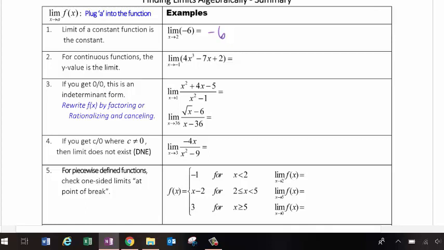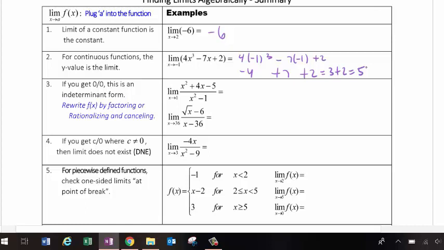If I have a continuous graph, which on the right-hand side, 4x cubed minus 7x plus 2 is a polynomial, actually a trinomial, there will be no holes in the graph. Make sure you're careful with your signs when you're plugging it in. So we end up with -4 plus 7 plus 2, which gives us 3 plus 2 equals 5.